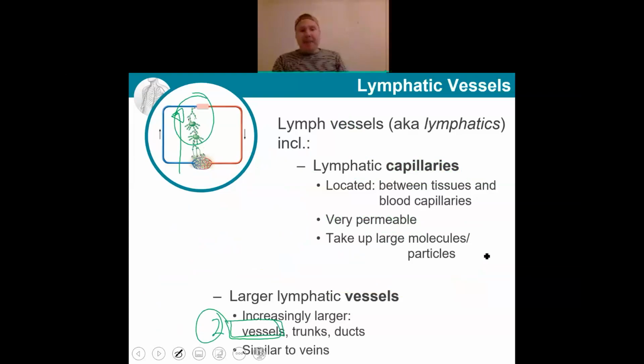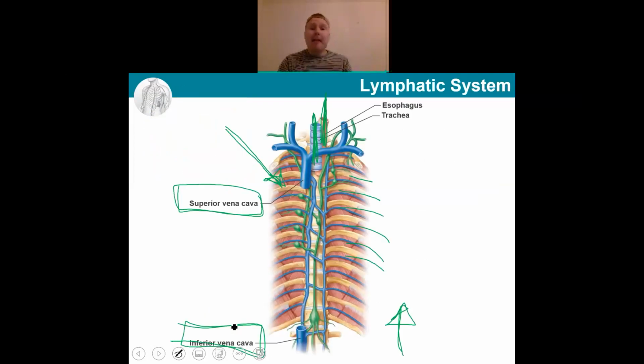After we've talked about the capillaries, the next types of vessels that we'll notice in the lymphatic system are bigger one, and bigger one, and bigger one. At this point, I just highlighted a couple of examples. This is a picture of the thoracic cavity. We have our trachea more anteriorly, and then posteriorly, behind, we have our esophagus going to the stomach.